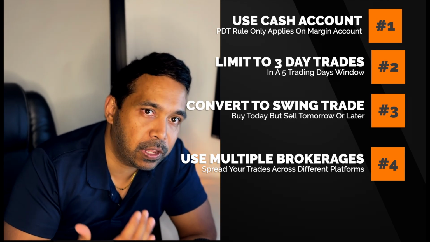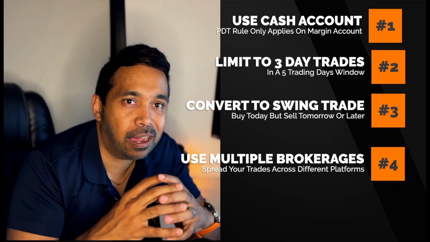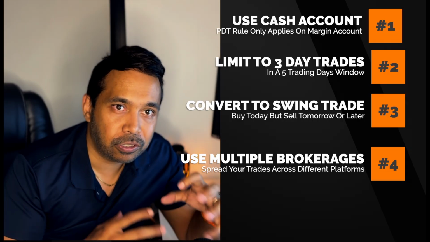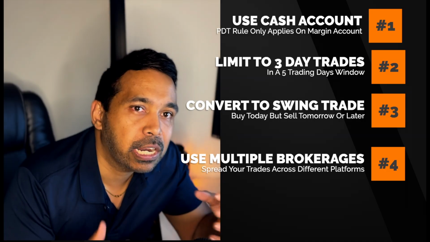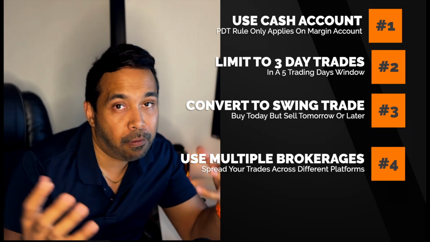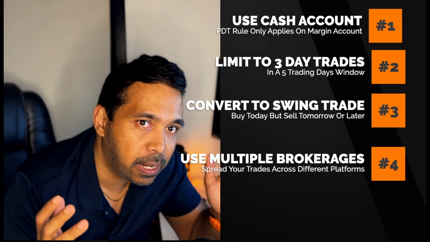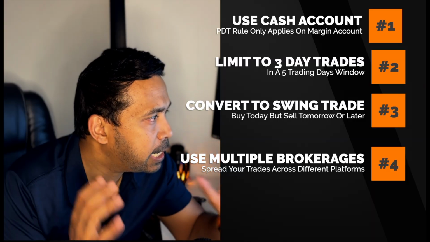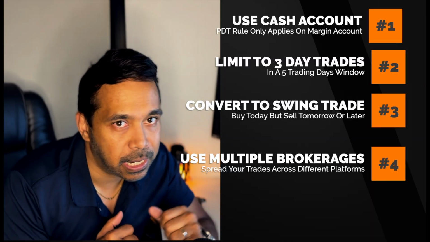That gives you the number of day trades that you can make across the brokerages, because this limit is per brokerage. So that's one loophole or workaround that you can use to have more day trades available to you. Not a preferred way in my opinion, but that's the way. So those are the tips, the ways you can avoid the pattern day trade rule.